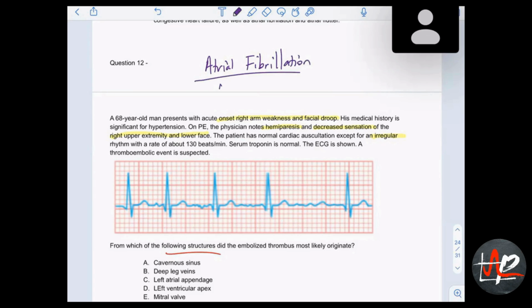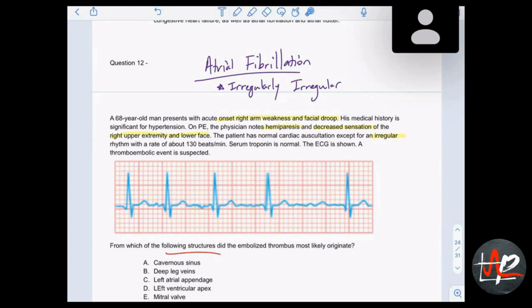Anytime you see the phrase irregular, this has to be basically your answer for Step 1 and Step 2. If you look, there are no really great discernible P waves here. That's another characteristic of AFib. Be careful, because sometimes you'll see one, sometimes you won't, but they're not uniform throughout the EKG.